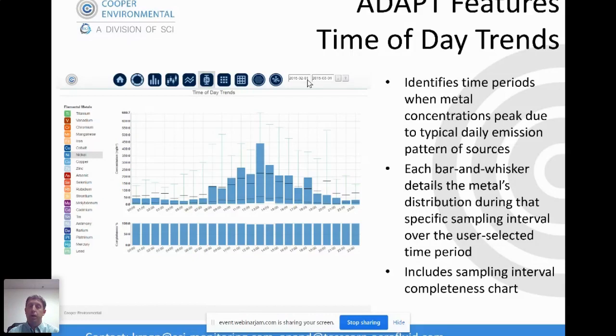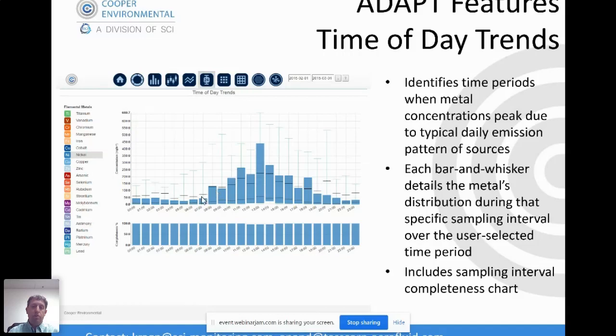This is a bar and whisker plot: this shows the highest concentration for that hour, the box represents concentrations between the 25th and 75th percentile, and the average and mean values are also reported.